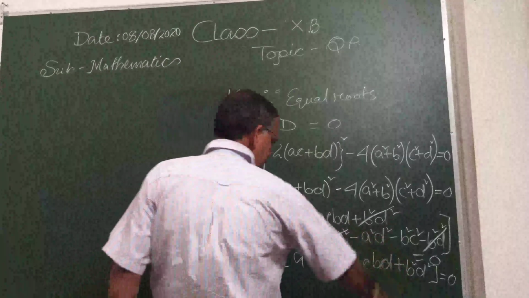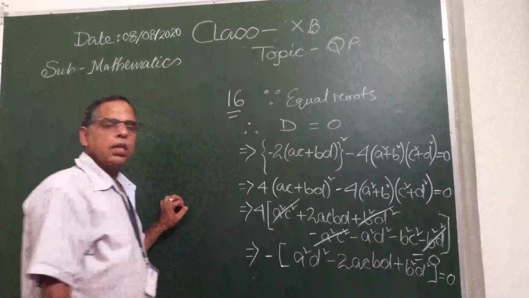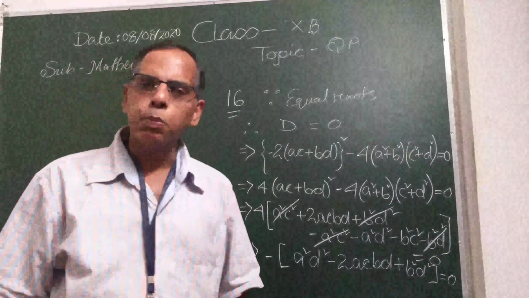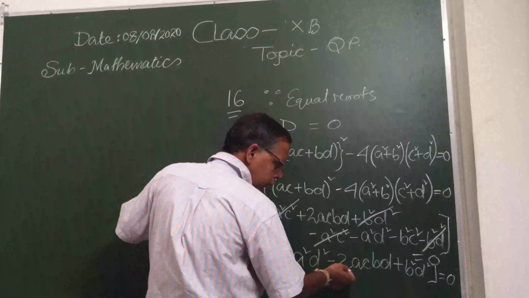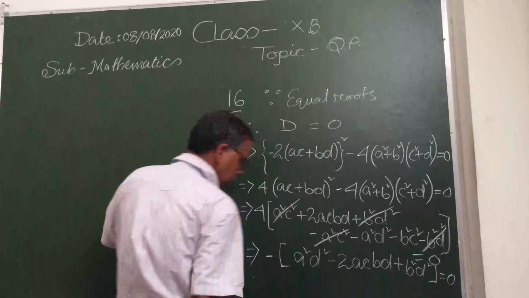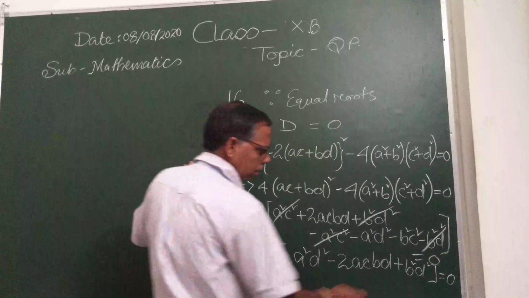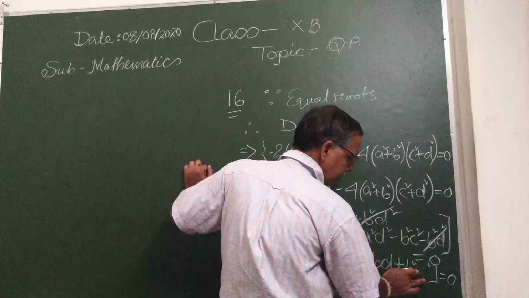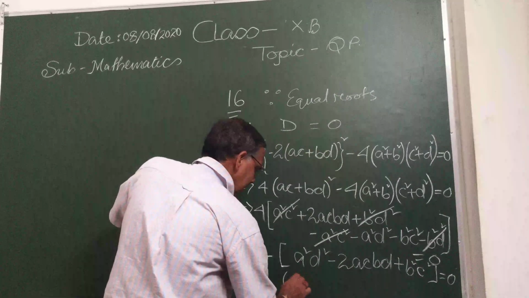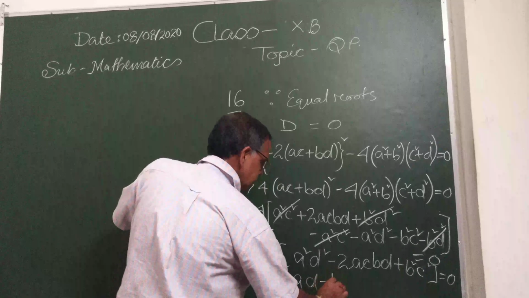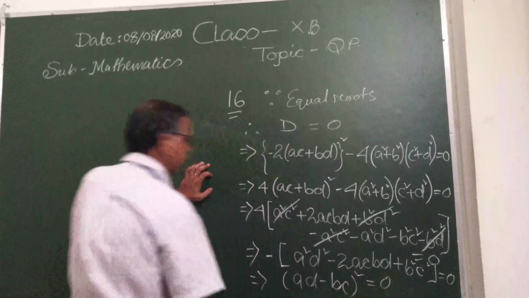So 4 is gone that side. Now, what is the formula of this one? Is it in the form A minus B whole square? Yes or not? See, A square minus twice AB plus B square. So ultimately, it is not D square, my dear. It is C square. So ultimately, (AD minus BC) whole square equal to 0.